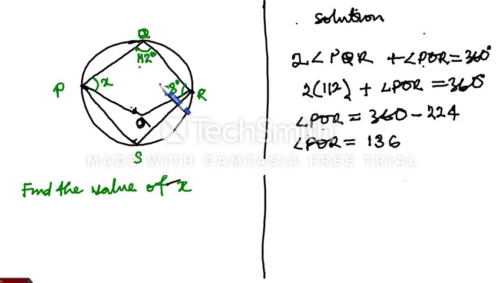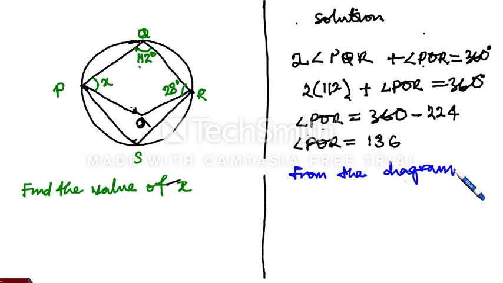And the total internal angle of a quadrilateral sums up to 360 degrees. So from that, we just consider the quadrilateral, from the diagram. Good.